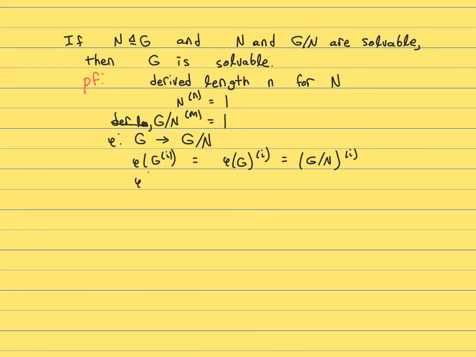So in particular, phi of the mth derived subgroup of G is the mth derived subgroup of G mod N, which is 1 in this quotient group. And the identity element in this quotient group is 1N.